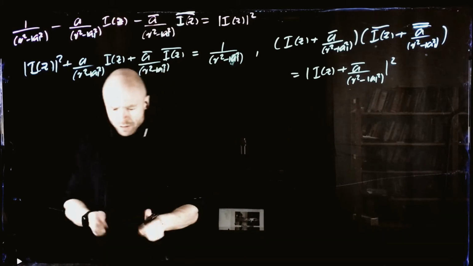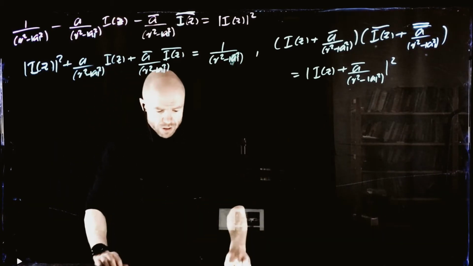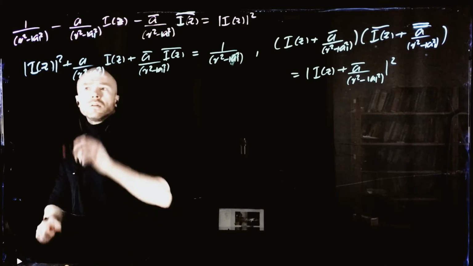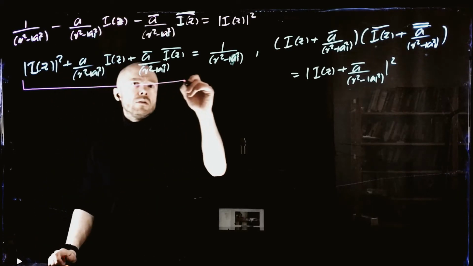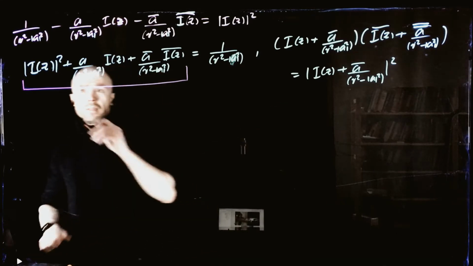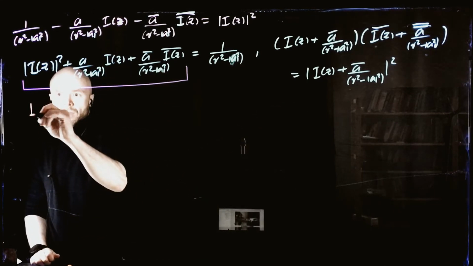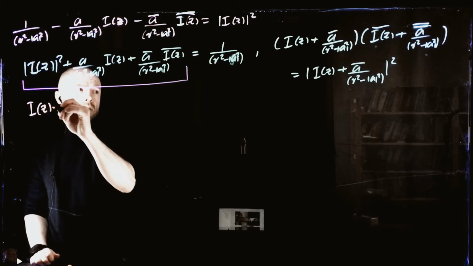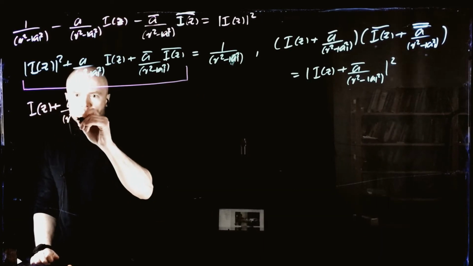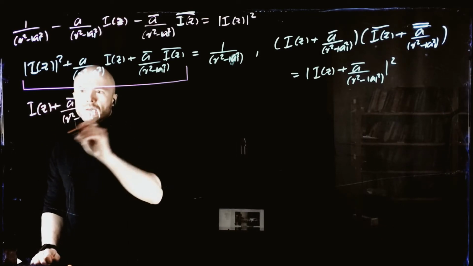But what we actually need is to recover these guys. So from that thing, this is actually equal to mod of z plus a bar of r squared minus mod a squared.